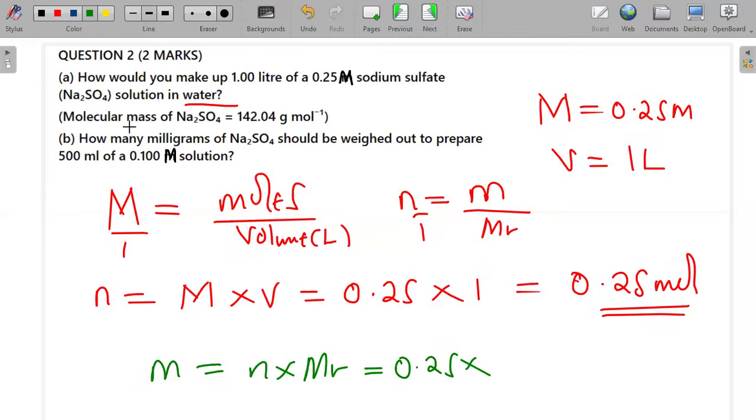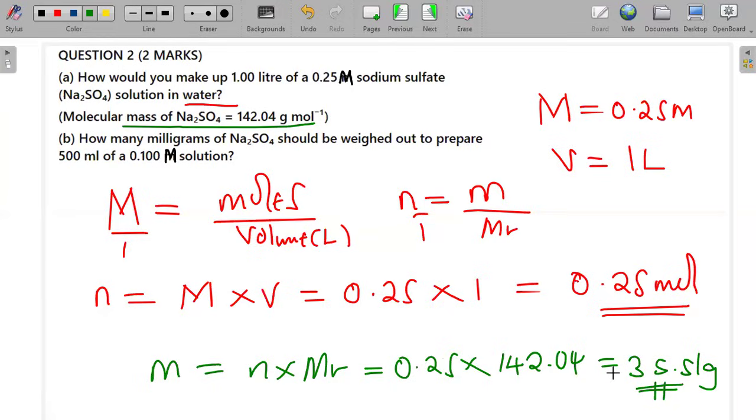Here we were told clearly the molecular mass of this compound, so that's our molar mass: 142.04. Then I multiply, so the mass of sodium sulfate is equal to 35.51 grams.